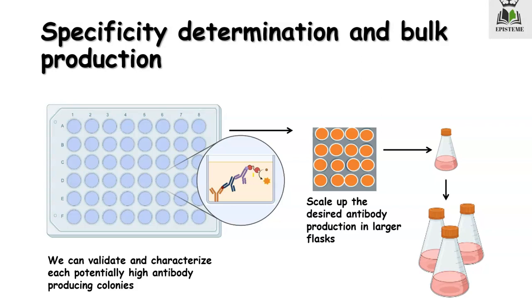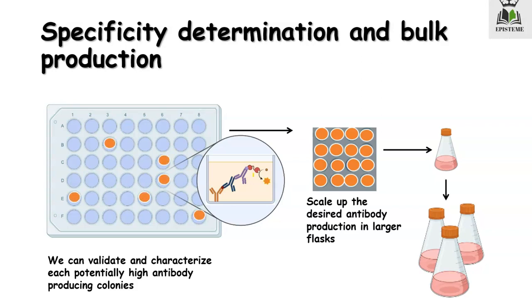The next step after selection of the hybridoma cells is the determination of their specificity and bulk production. To determine the specificity of the hybridoma cells that are producing the antibodies, we perform the sandwich ELISA.